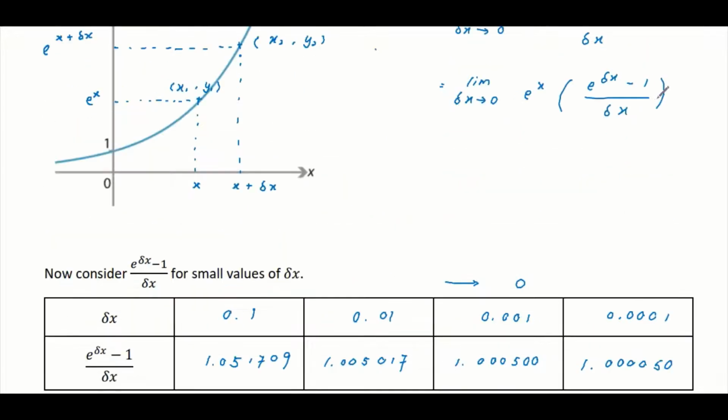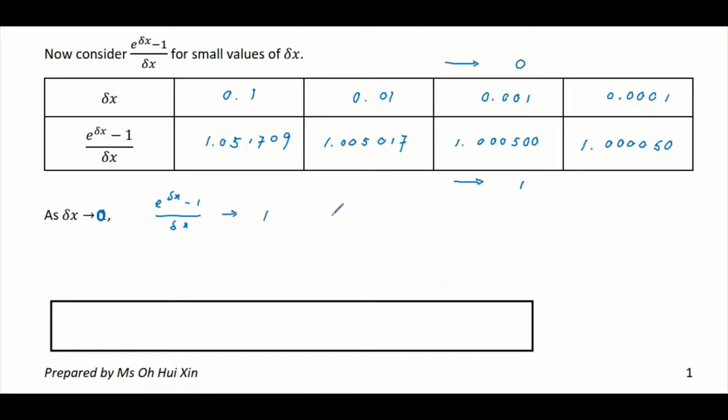So when we look back at our function, if this part is 1, what are you left with? You are left with e to the x multiplied by 1, correct? So what do you get? You get e to the x. So this is your dy/dx.